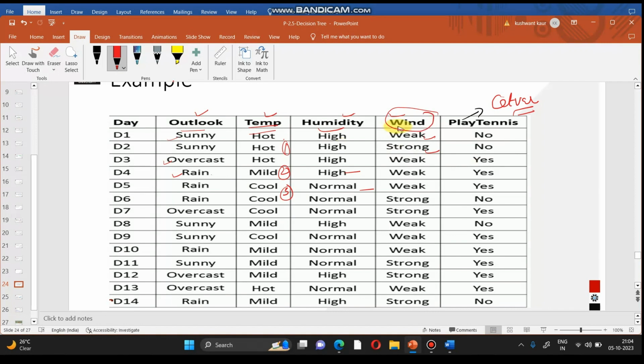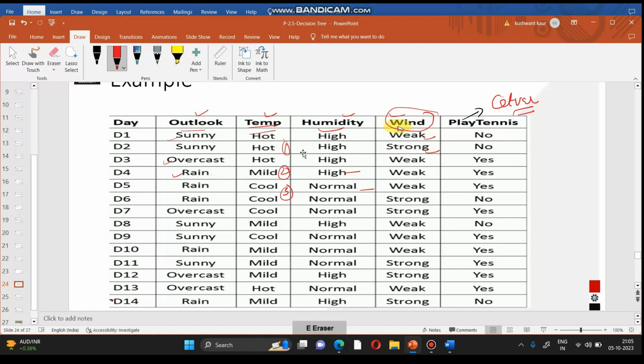So we are calculating the information gain for all these 4, and whichever attribute has the highest information gain will be chosen as the parent node.